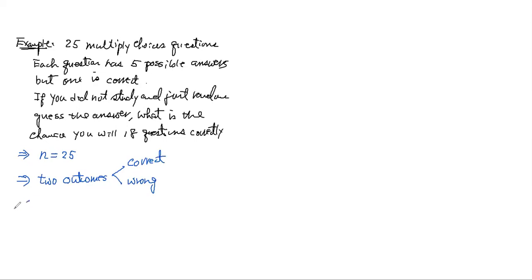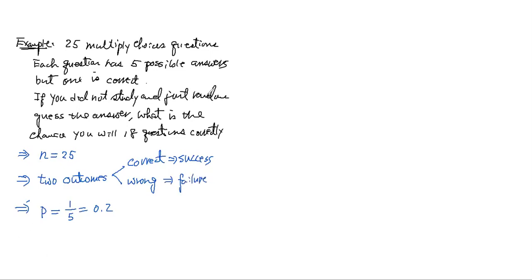Okay, so now what is the probability you will get it correct? Since you're not studying, you just randomly guess. One out of 5 answers is correct, so the chance you randomly guess right is just 1/5. So it's only a 20% chance you will get the correct answer, right? Now you can define correct as a success, and the wrong answers as a failure.